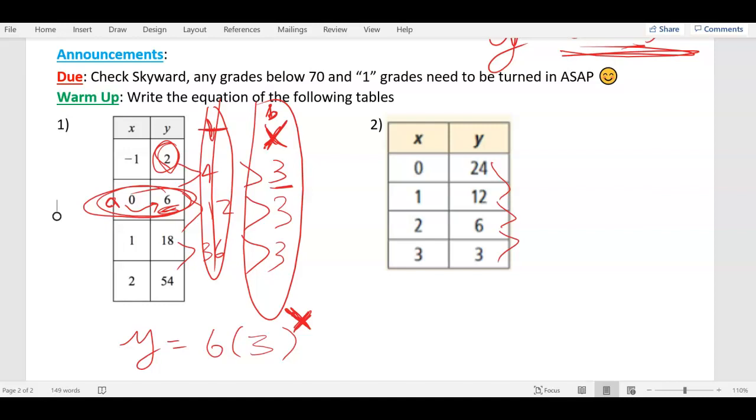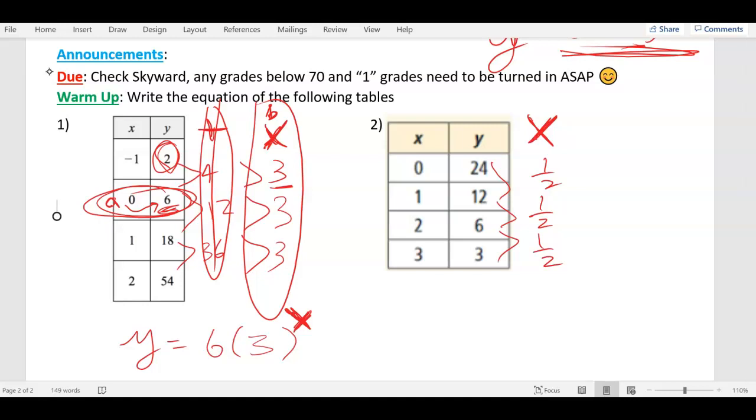Yes, kind of. But we want to think of this as multiplying. Since we want to think of it as multiplying, what is dividing by 2 the same as multiplying what? A half. Times a half.